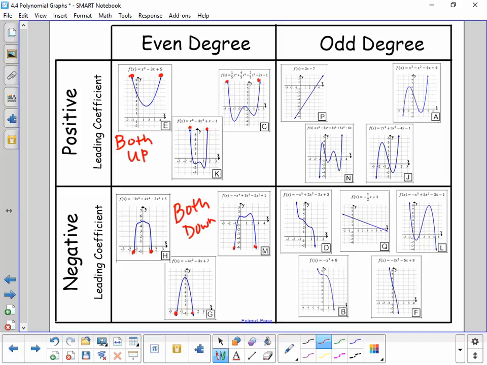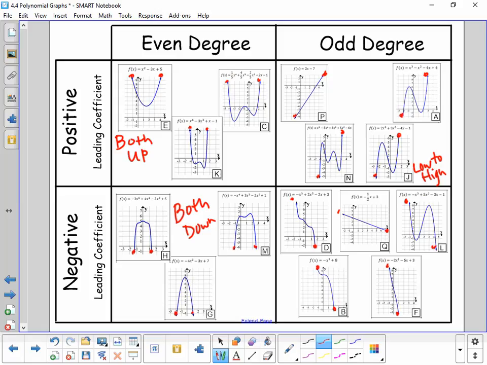They're different. Either it starts low and it goes high. These ones have positive leading coefficient, or it starts high, like all of these ones start high on the left, and then on the right they go down, so they're decreasing overall.